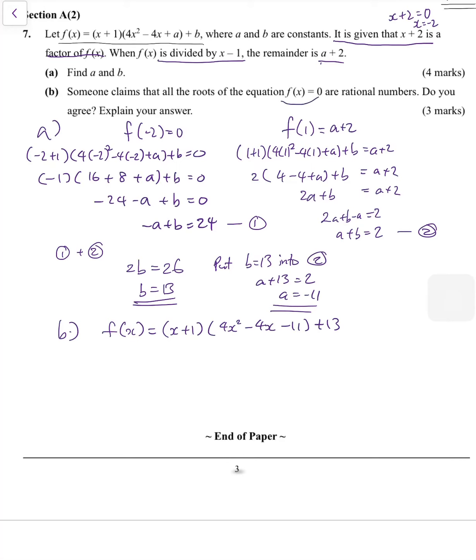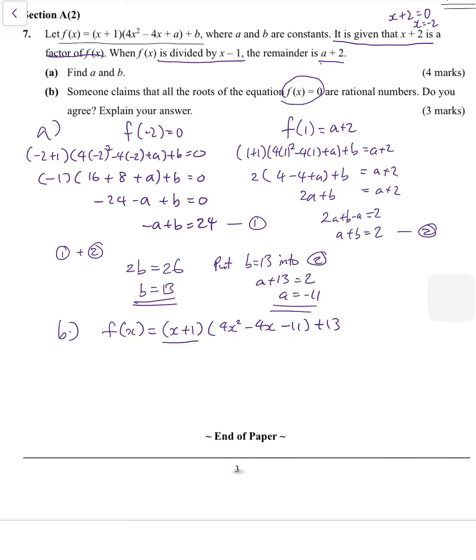But now they're asking us to find the solution for f(x) equal to 0. If you remember, if you want to solve f(x) equal to 0, you can only have factors that are multiplying each other. In this case, yes, you have two brackets multiplied by each other, but the problem is the 13 at the back. We cannot have that.